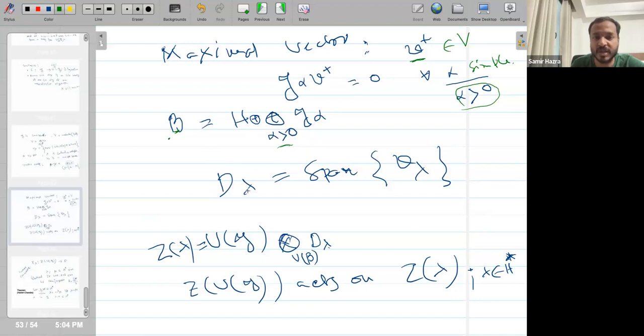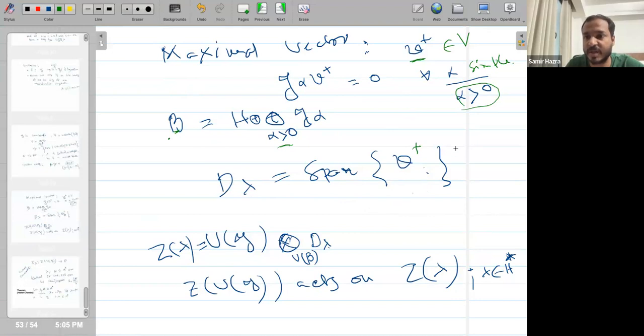Okay, this is B, and then D lambda, call this the span of V plus. There is no V lambda. So D lambda, you just take the span of V plus. Where is V plus?